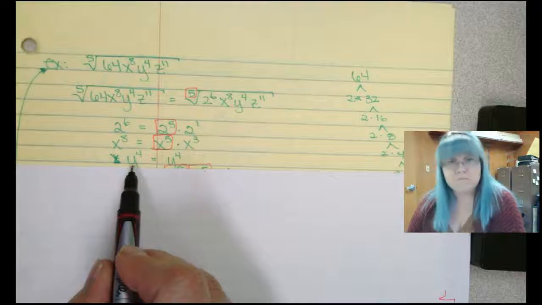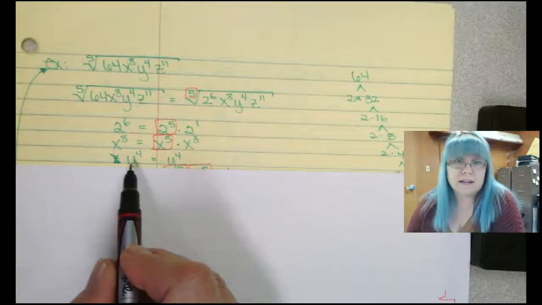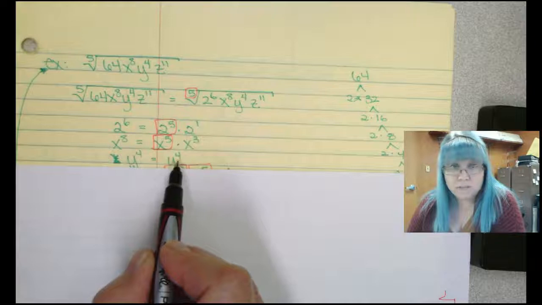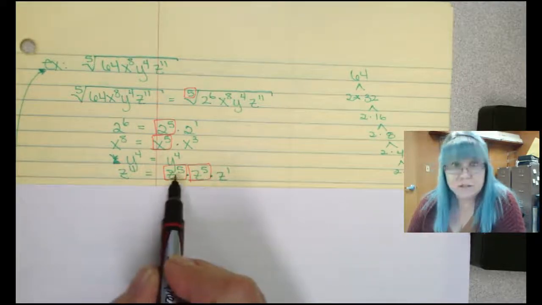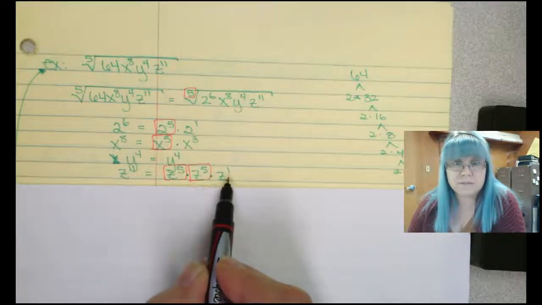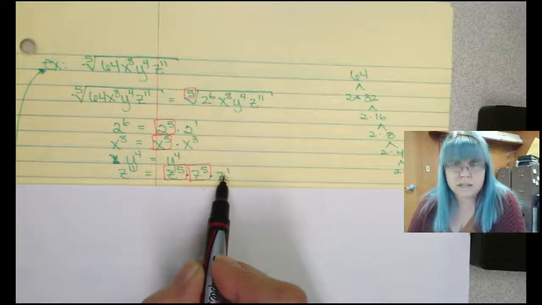Y to the 4th, nope, can't write it in any powers of the 5th. 5 minus 1, that doesn't help me. So I just leave it as y to the 4th. Z to the 11th, I can write as z to the 5th times z to the 5th times z to the 1st, because 5 plus 5 plus 1 will equal 11.